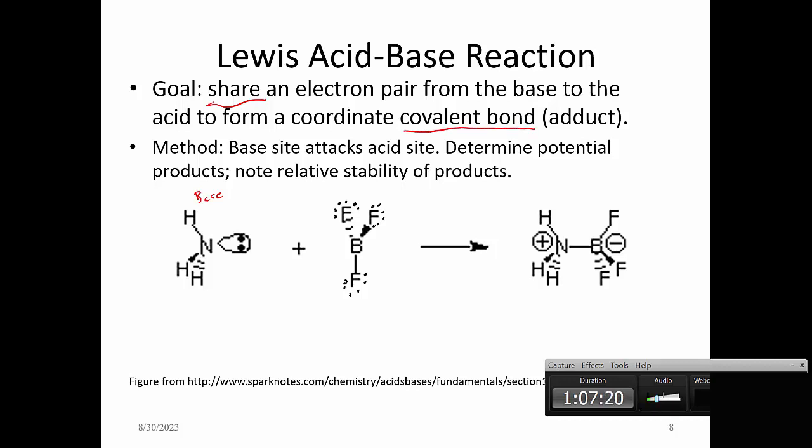But in a normal covalent bond, 1 electron comes from 1 atom, another electron comes from another atom. So in a normal covalent bond, like this, fluorine has 7 valence electrons, and fluorine has no problem sharing in order to complete its octet.